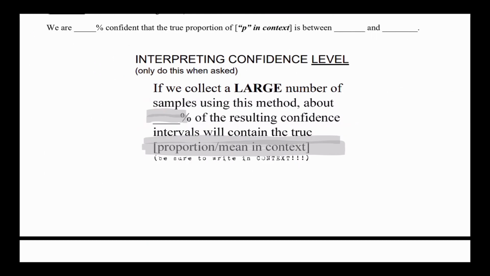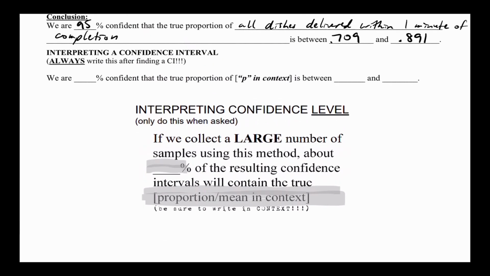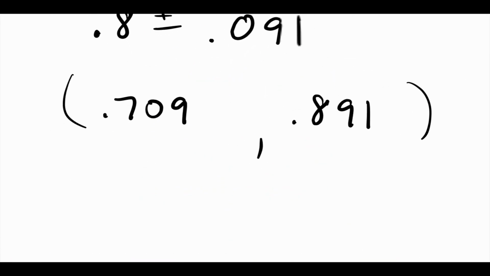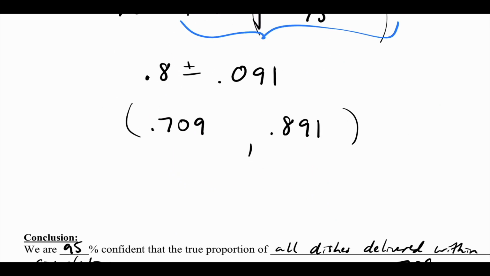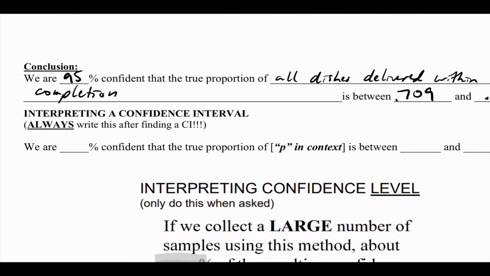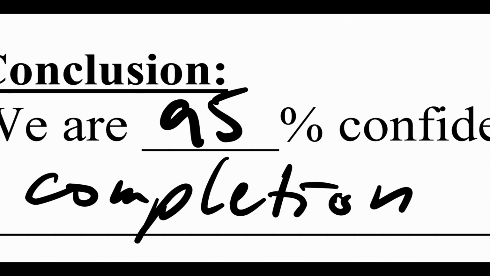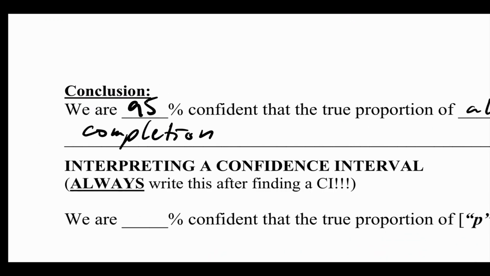Sometimes they're going to ask you to interpret the confidence level. So interpreting the confidence interval is interpreting that guy. Interpreting the confidence level is interpreting that guy. Right? So they're different.